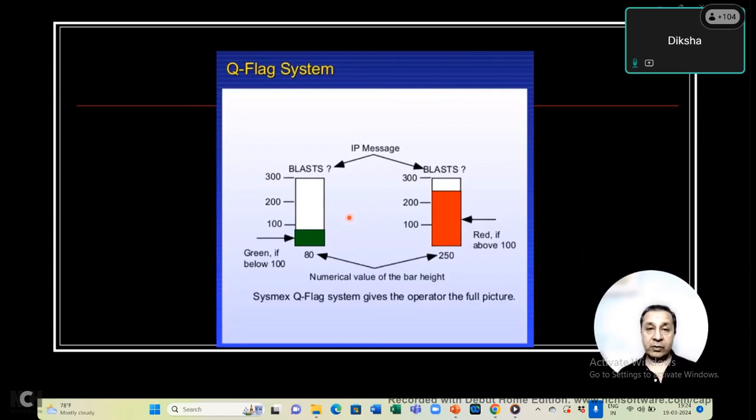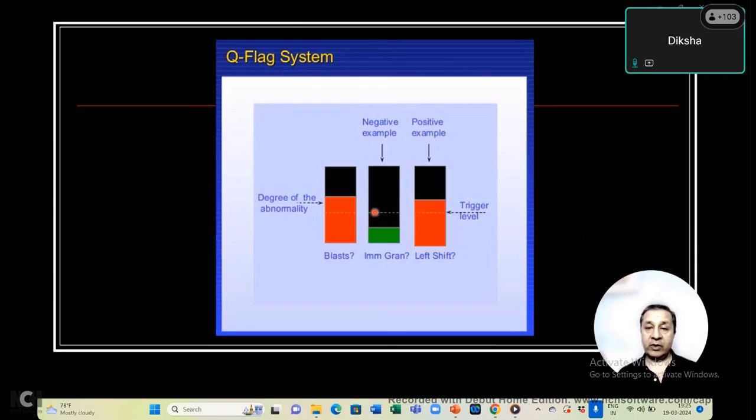So the picture is at a slightly higher magnification over here. You have this IP message, which is for blasts, and it's from the Sysmex hematology analyzer, wherein you have defined it at a 100 threshold, and anything above the 100 threshold is identified as a blast or an abnormal cell. And depending upon the trigger level, the degree of abnormality will be variable, as is seen in both of these cases.